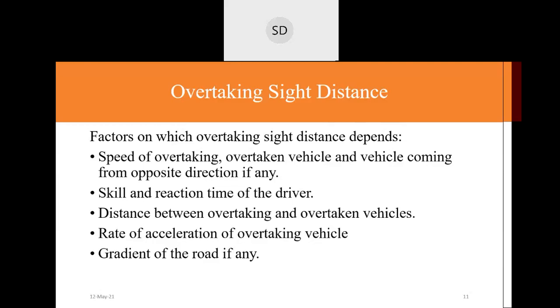Then the rate of acceleration of the overtaking vehicle, because if the rate is higher, the overtaking vehicle can get to a higher speed in lesser time. And if there is any gradient, whether it is a positive gradient or negative gradient.